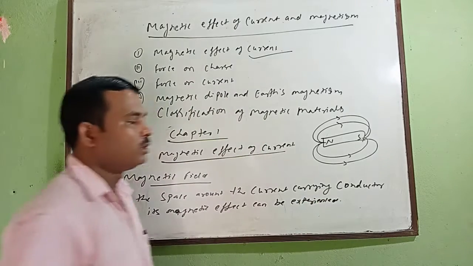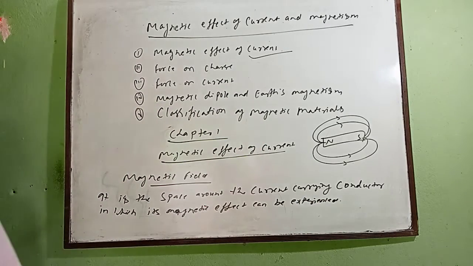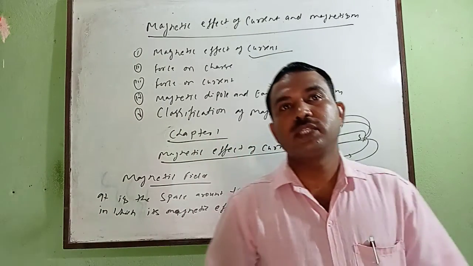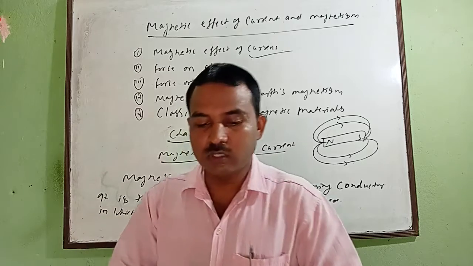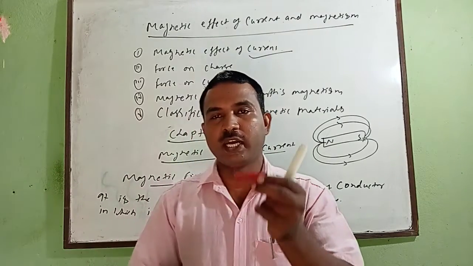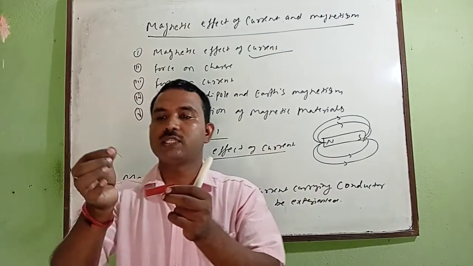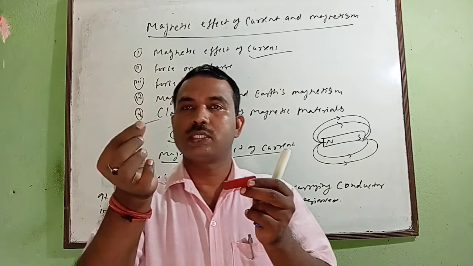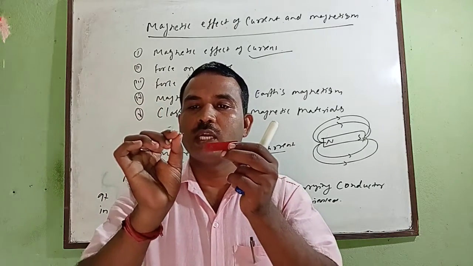Okay, the magnetic effect can be experienced here. Is it clear? So you can say that the space around the magnet means, suppose you have a magnet, and you bring another conductor, suppose I have pins.